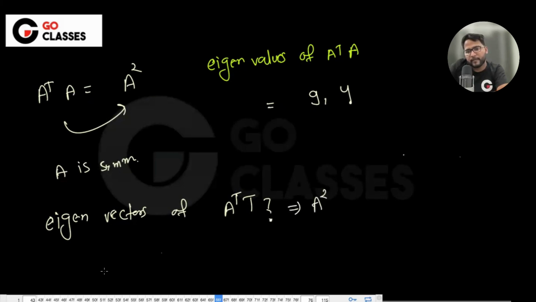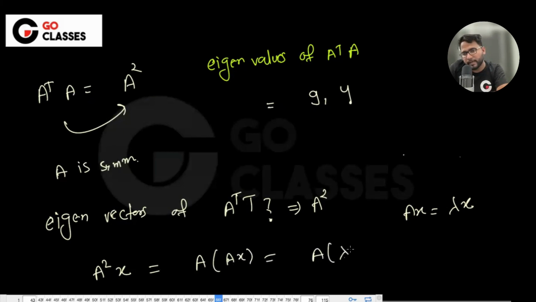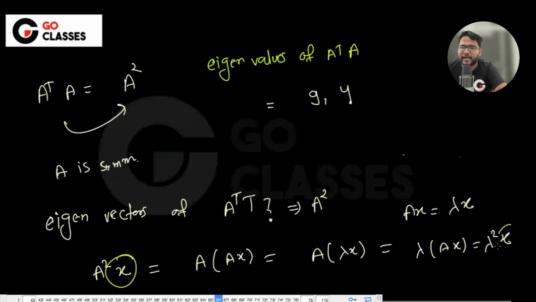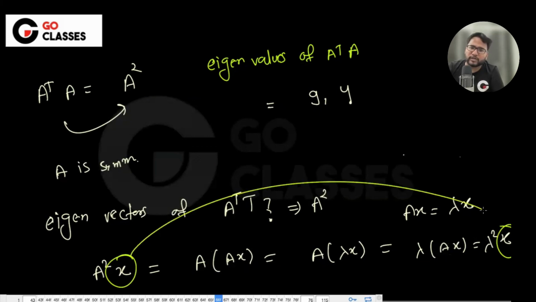Let's suppose X is the eigenvector, so AX equals lambda X. If you do A square into X, it is nothing but A into AX, which is A into lambda x, which is lambda into AX again, which is lambda square x. So basically you can see that x is the eigenvector only, right? I think we proved it earlier in the eigenvalues and eigenvectors lecture. So the eigenvector is x itself.